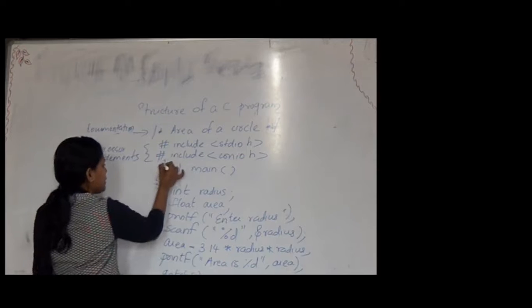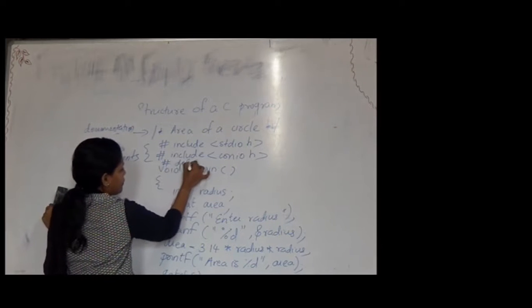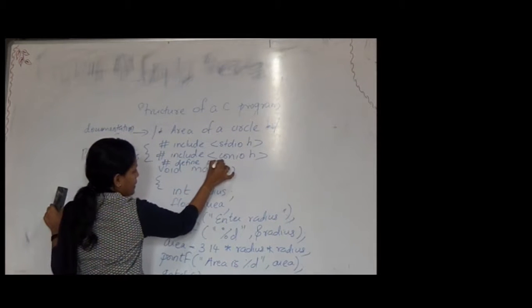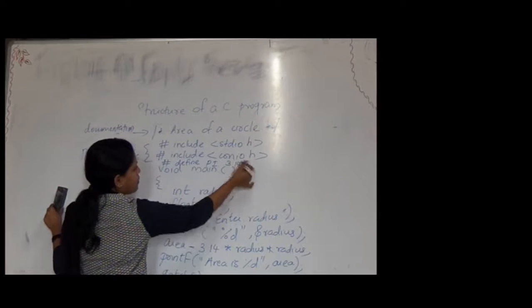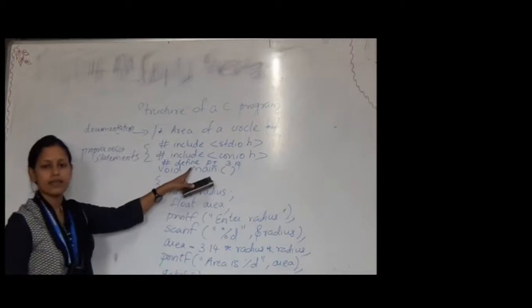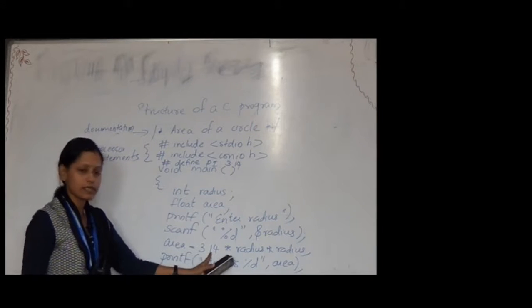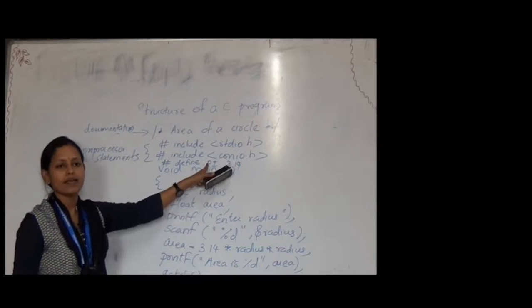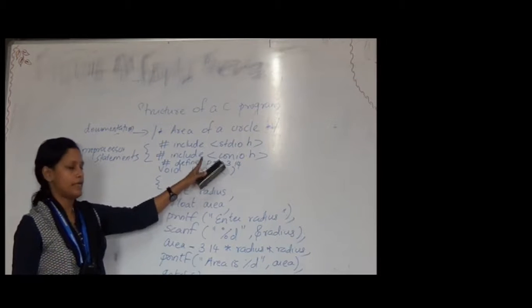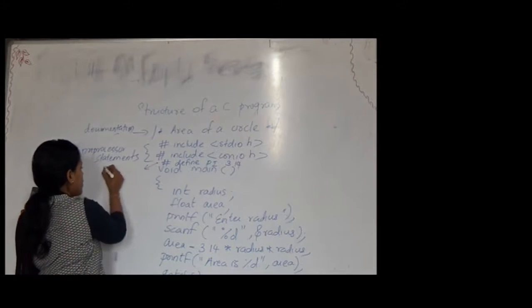Suppose I am writing the statement hash define pi 3.14. It means that the value 3.14, wherever it appears in the program, will be replaced by the symbolic constant pi. So this is our symbolic constant definition.